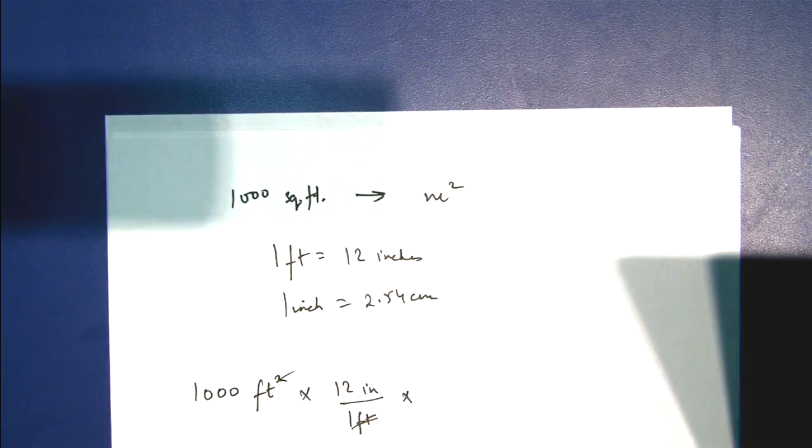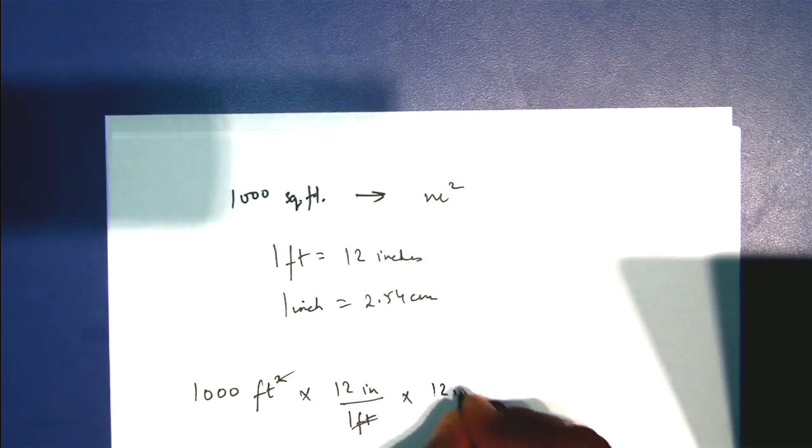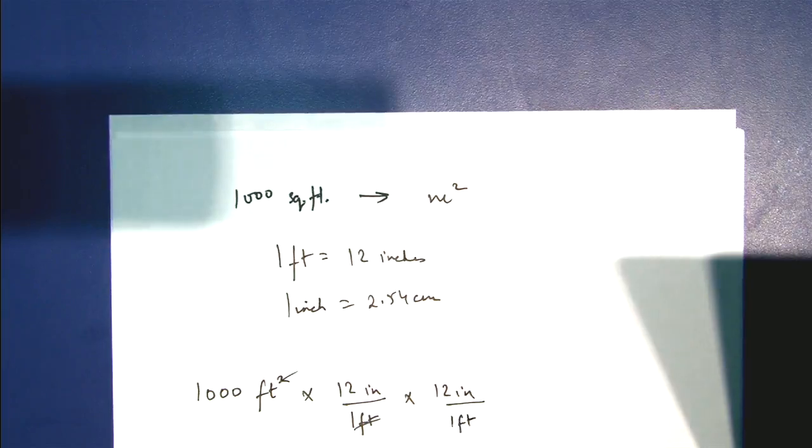You need to cancel that second foot up there, so it's 12 inches is 1 foot. If this was 1,000 cubic feet, I would have to do it again, multiplying by the same factor again to get rid of the third foot. This making sense? So you have to cancel all the unwanted units.